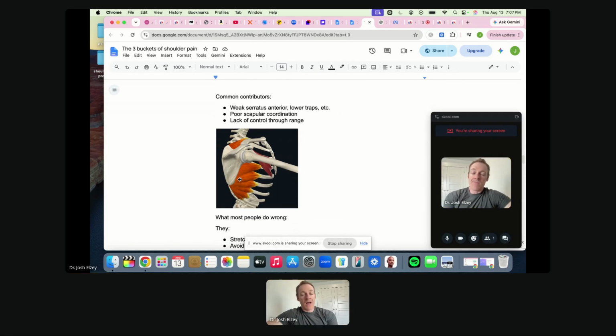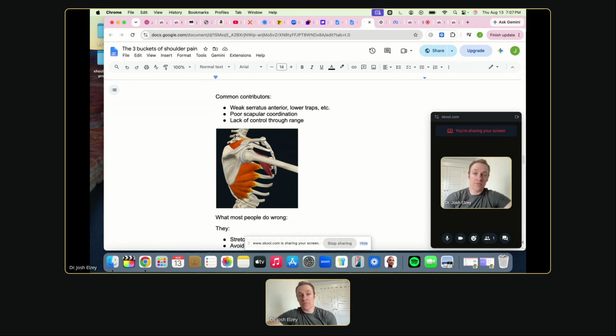I don't even really screen for this in the clinic. When I'm working in the physical therapy clinic, I hardly ever screen for weakness here because I know that 99.99% of people just need to work more on this. The serratus anterior and the lower traps are, in my opinion, chronically weak in almost every single person.